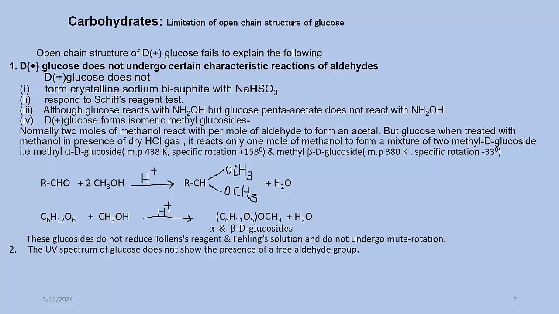Here we are just considering some reactions on the basis of which it will be confirmed that glucose may have an open chain as well as a ring chain structure.